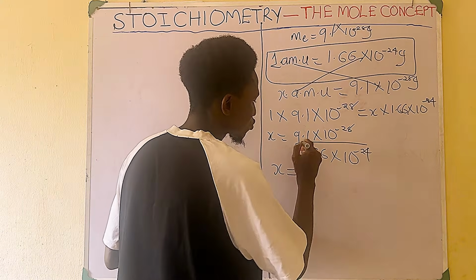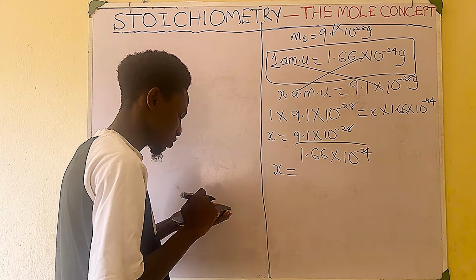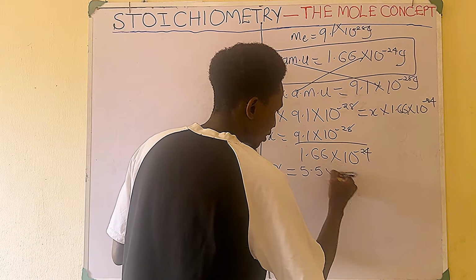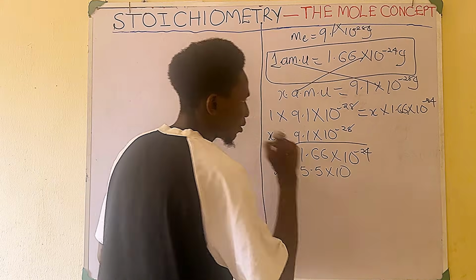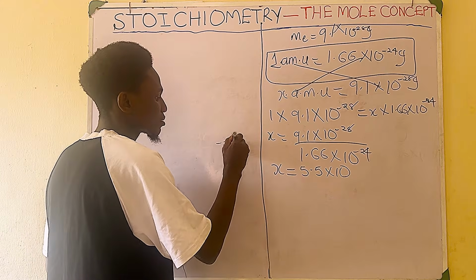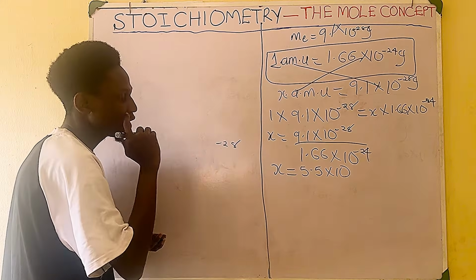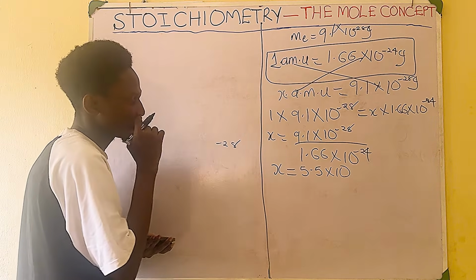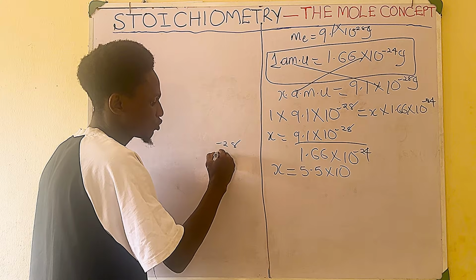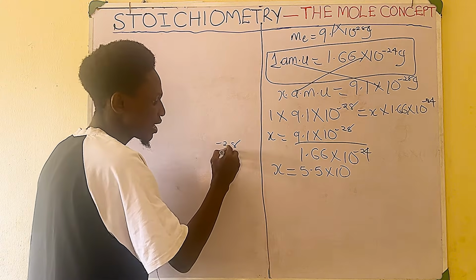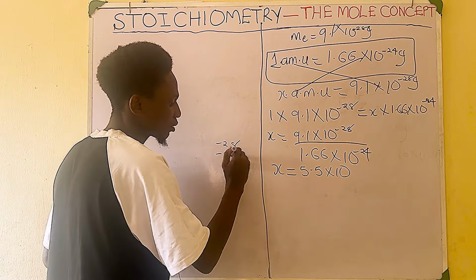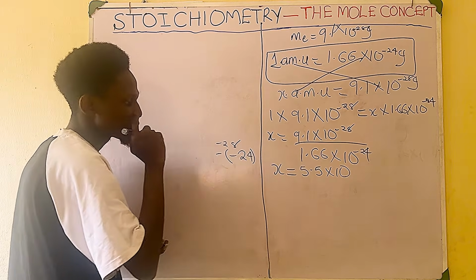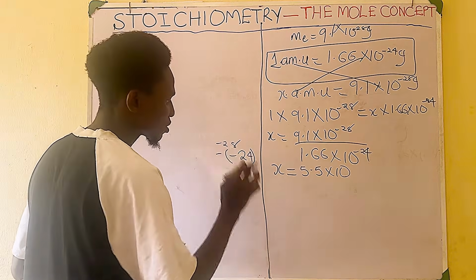Now, x equals 9.1 divided by 1.66, which gives you 5.5, then times 10 raised to the power minus 28. According to indices, when you have division, it changes to subtraction. So you're going to introduce minus, then open a bracket and put your minus 24. So I have minus 28 minus minus 24.